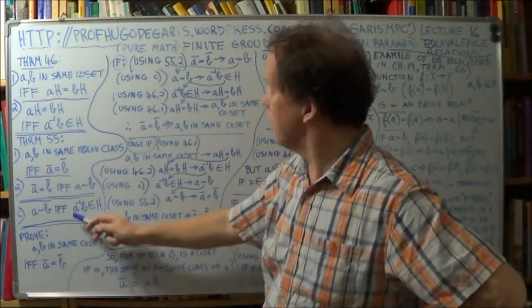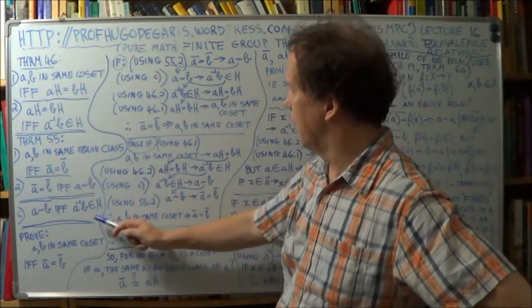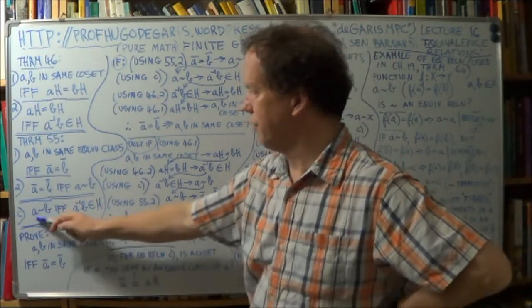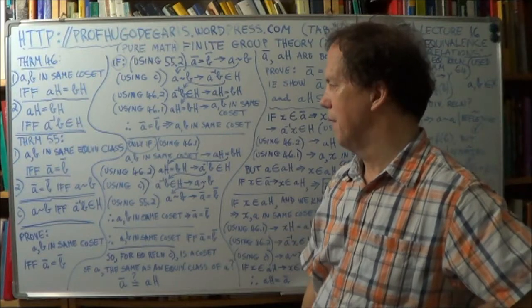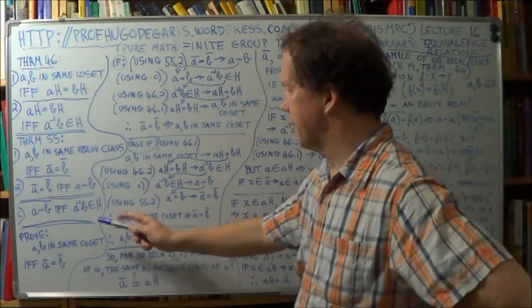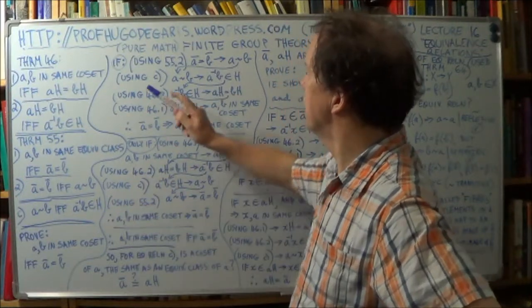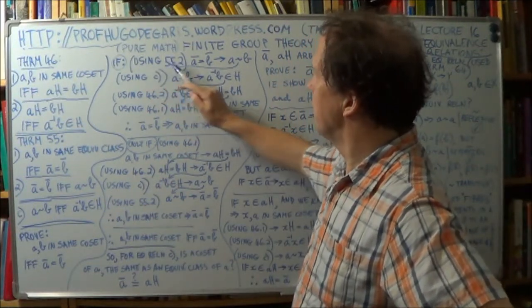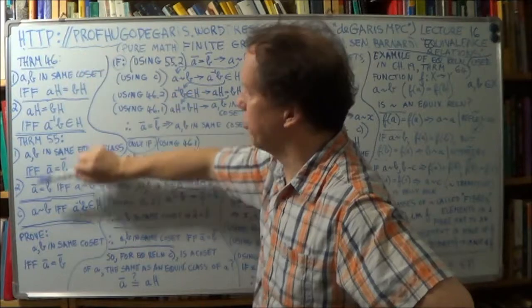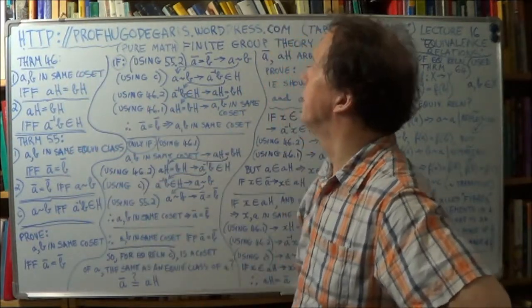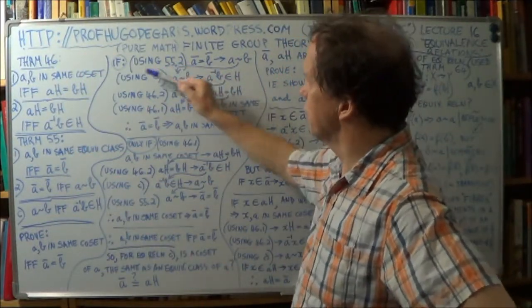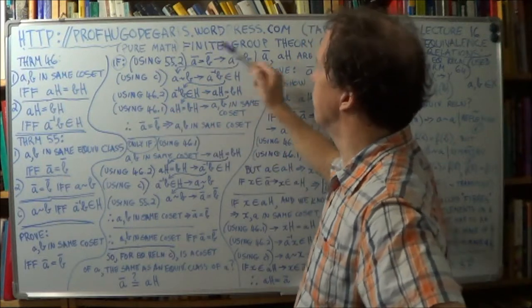So that's from the right-hand side to the left-hand side. Okay. So we start with this: A inverse B belongs to H. Now I've written these out because I'll be referring to them a lot. These are comments that help the reasoning.